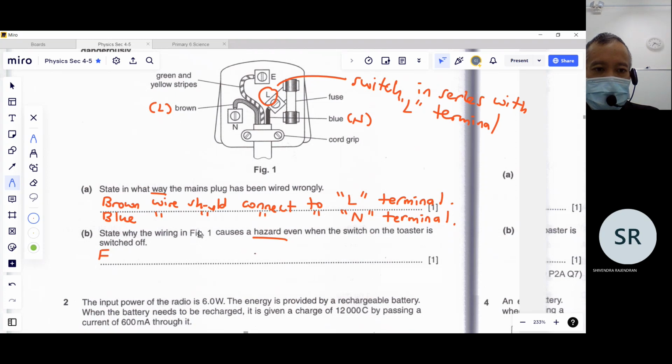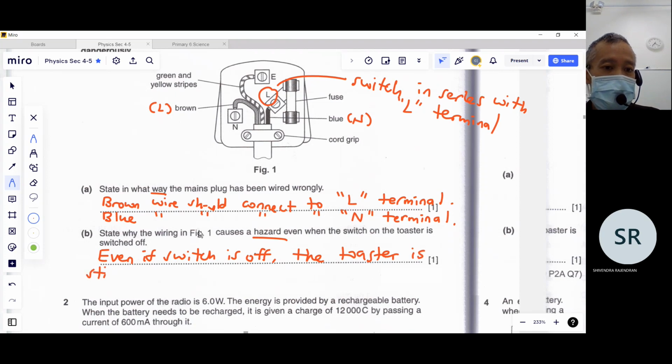Even if the switch is off, we got a line, right? The toaster, in this case, toaster is the appliance, is still live. This is a big problem.